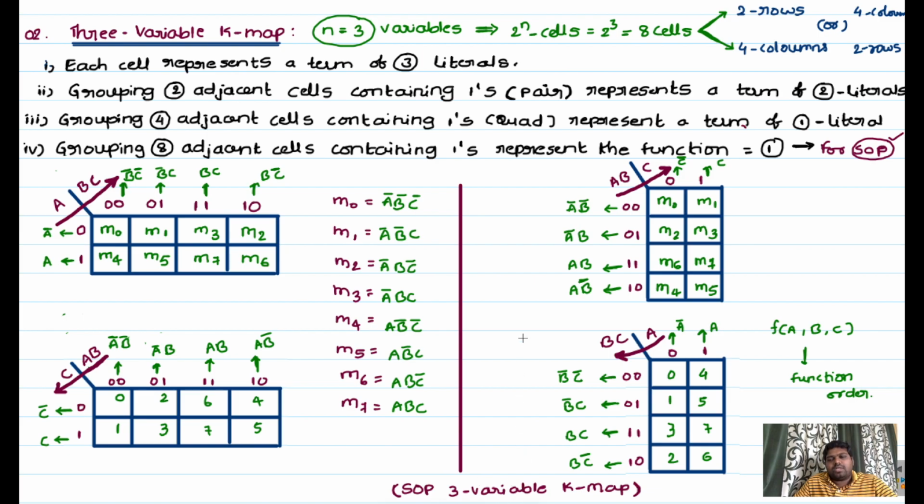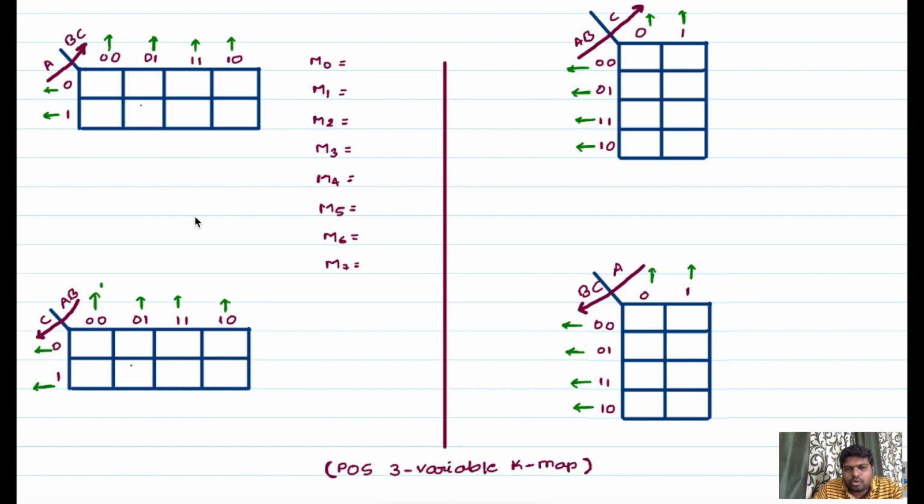For this we have to consider product of sum also. So this is a 3 variable K-map for product of sum. The arrow directions and variable arrangement are the same. Here we are assigning binary bits, indicated with complementary and uncomplementary variables. In product of sum, 0 is assigned with the uncomplementary form and 1 with the complementary form. Moreover, for sum of product we take product terms, whereas in product of sum we consider sum terms. So here I am indicating A and this one is A bar, completely opposite to sum of product identification.